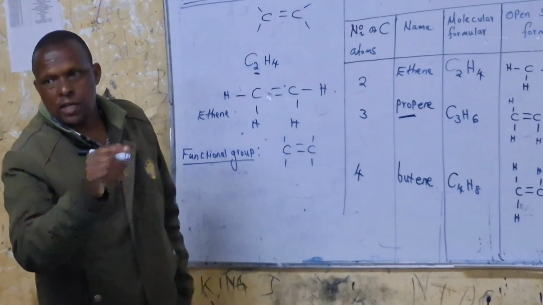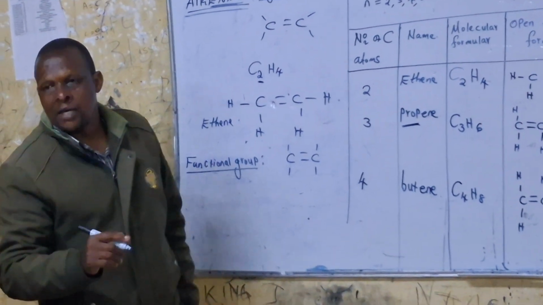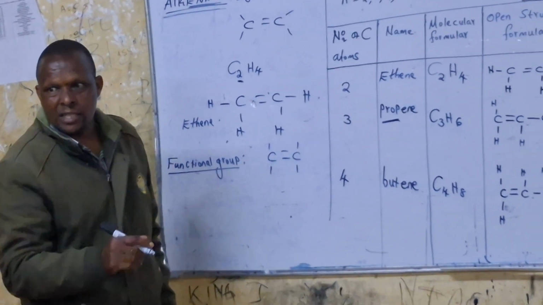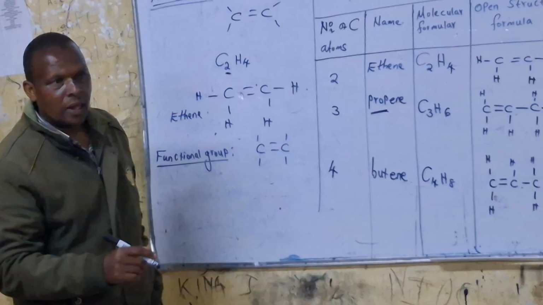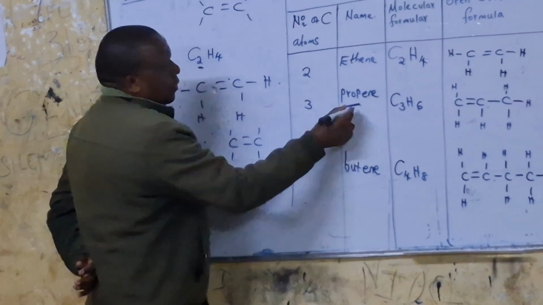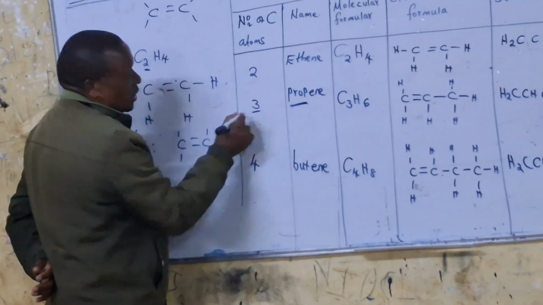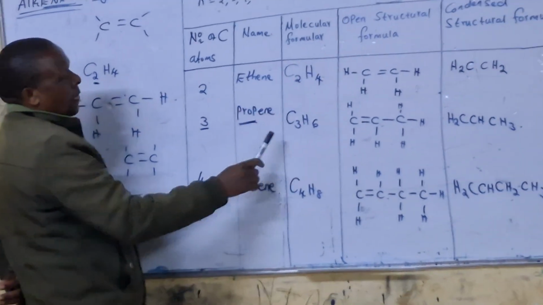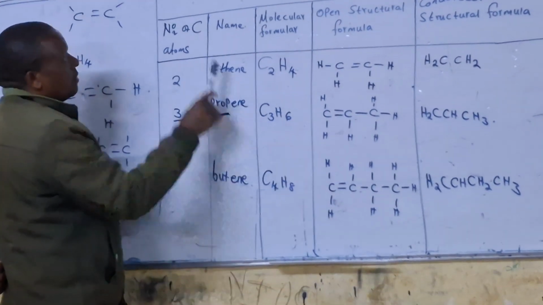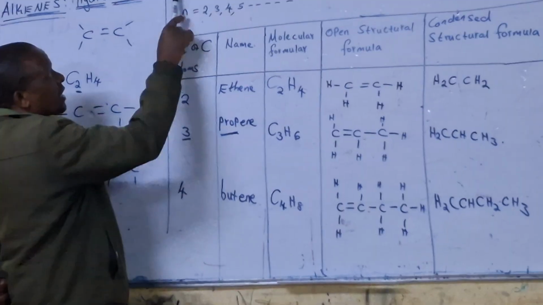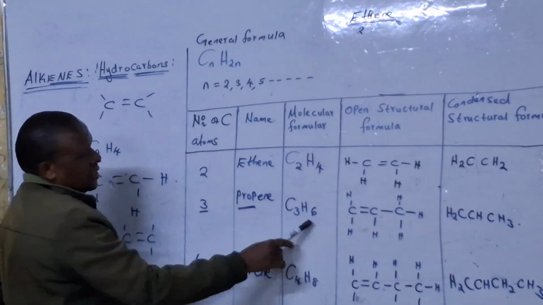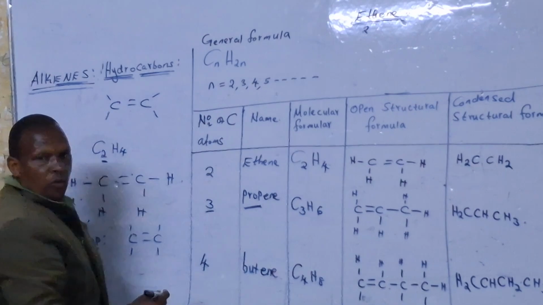The prefix numeral indicates the number of carbon atoms present in the molecule. So prop is the prefix for 3. What is the molecular formula? C3, because n now is 3. C3H2n, 2 times 3, 6. So this is the molecular formula.